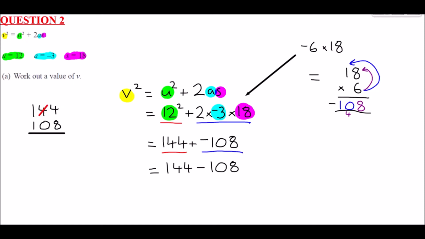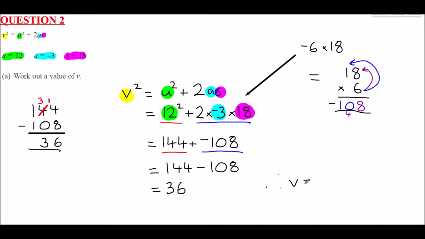This 4 now becomes 3, and the number we borrow goes to the right hand side. So this 4 is now 14. We can now do 14 subtract 8. 14 take away 8 is 6. 3 take away 0 is 3. 1 take away 1 is nothing. So after all that, we have that v squared equals 36.